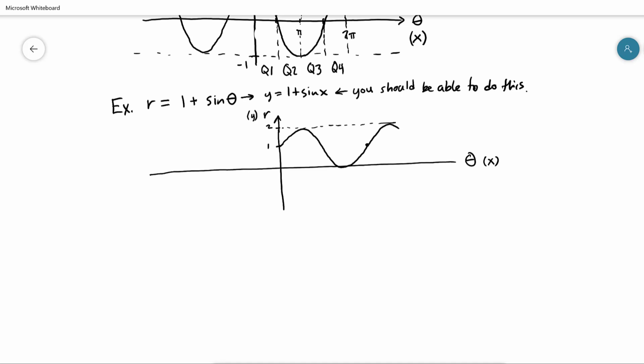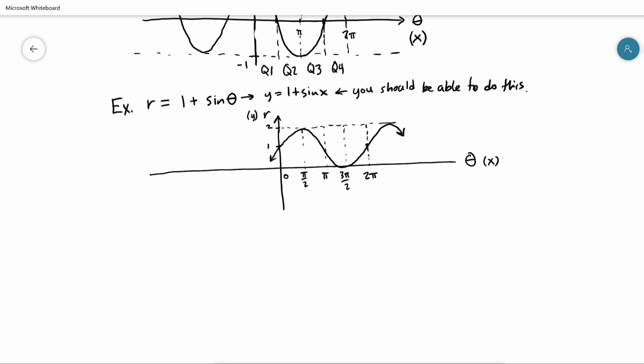And by the time we get to this point, where we've completed our one full period, we're at 2 pi. So there's 0, here's pi, pi over 2, 3 pi over 2. And it goes similarly in this direction, but we don't even need to worry about the other parts.